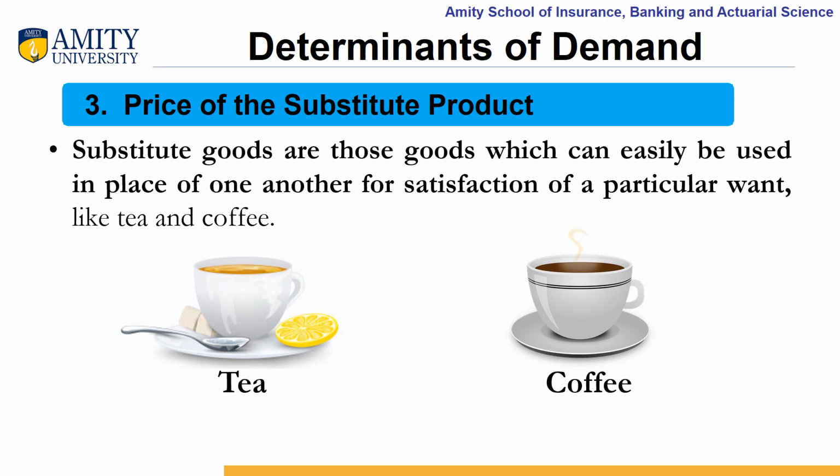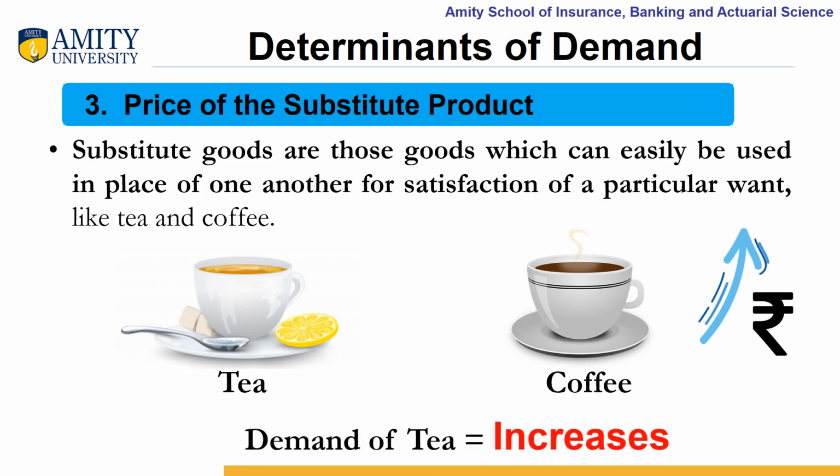An increase in price of substitute good, say coffee, leads to an increase in demand for the given commodity, which is tea. Similarly, a decrease in price of substitute good leads to a decrease in demand for the given commodity. It means the demand for a given commodity is directly affected by the change in the prices of substitute goods.